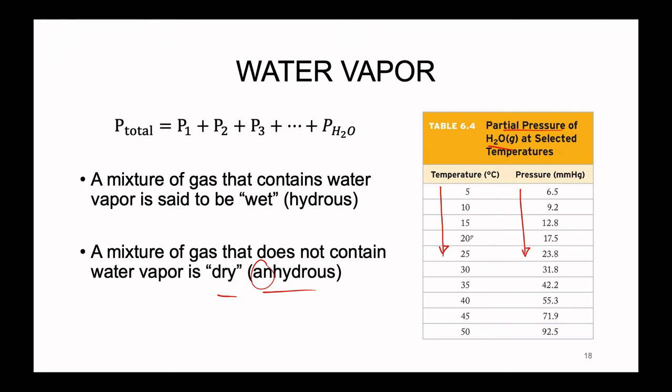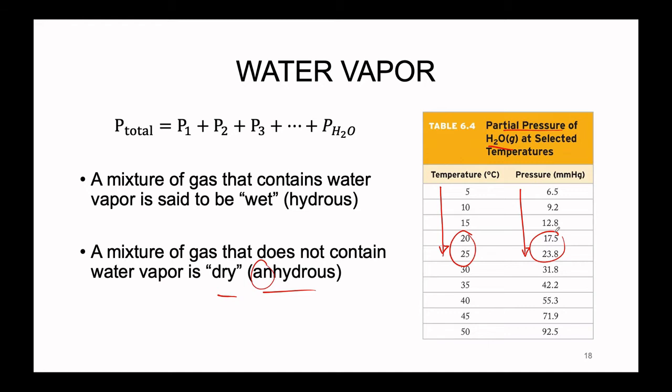The temperatures that we care the most about, we can see here, are around room temperature, 20 to 25 degrees Celsius. And this is going to provide us with, again, a very small partial pressure of water compared to the rest of the atmosphere, somewhere between 17 and 24 millimeters of mercury, which again, our standard for the atmosphere is like 760 millimeters of mercury, so this is definitely a small percentage of that.